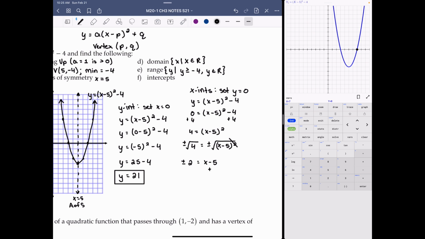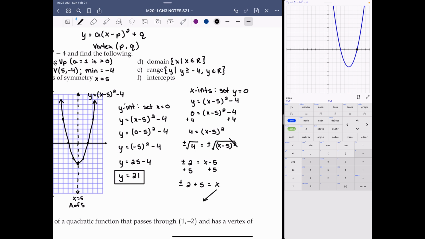Now we add 5 to both sides, and we get plus or minus 2 plus 5 equals x. There's two options. The reason I didn't just add 5 to 2 and say now I have plus or minus 7 is because there's two different options. We have positive 2 or we have negative 2. So we have to consider both.